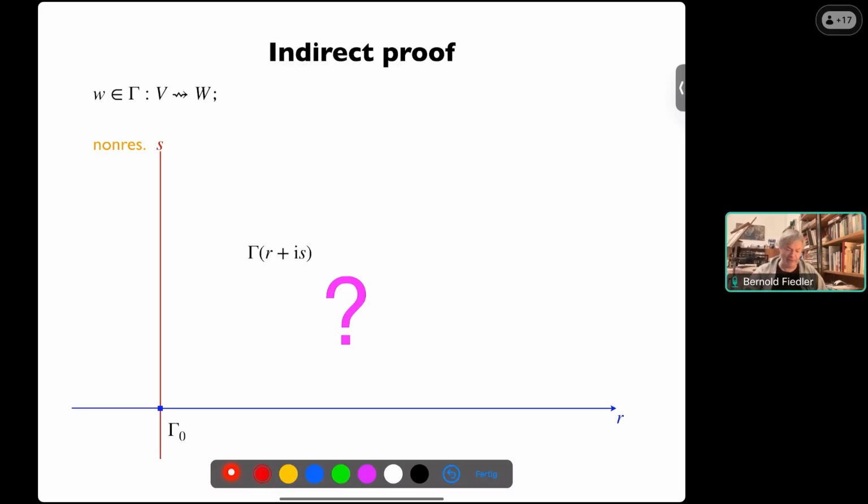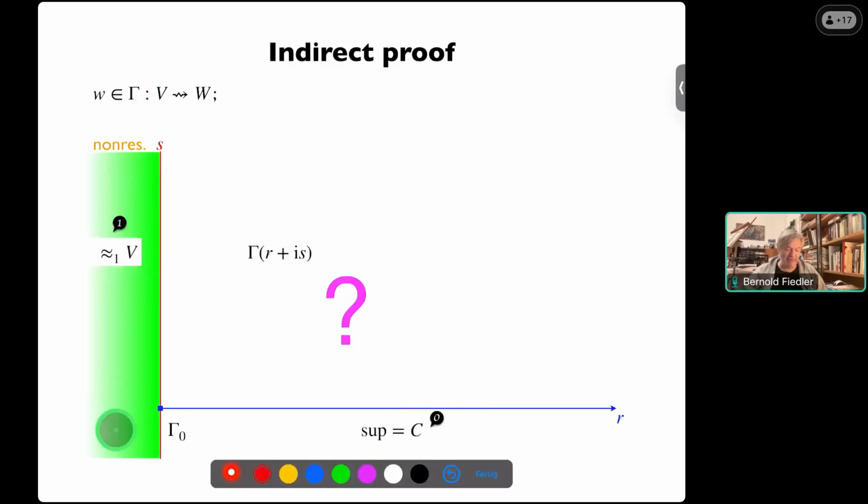It's an eternal solution. Now, if I look at negative real parts, then I can linearize. But if I linearize and I have negative real parts, the solution remains bounded. So this symbol, approximately up to 1 equal to V, means the difference to V is of norm 1, say, some fixed number. This means everything is bounded here on the left.